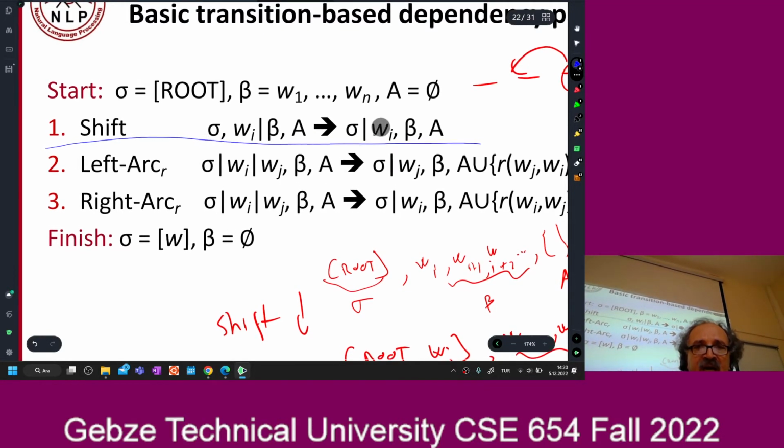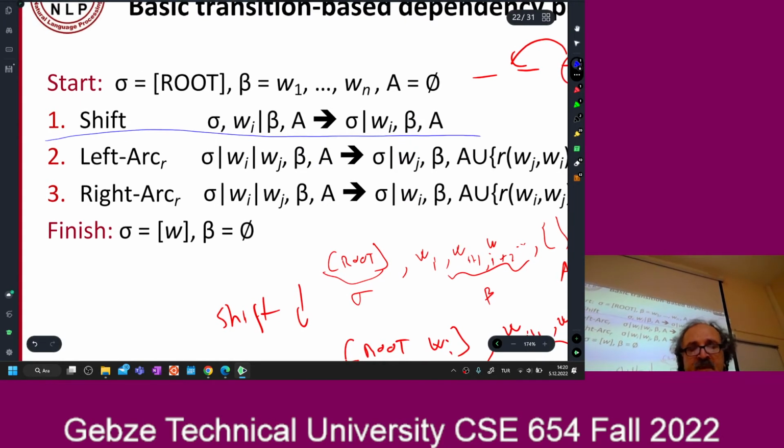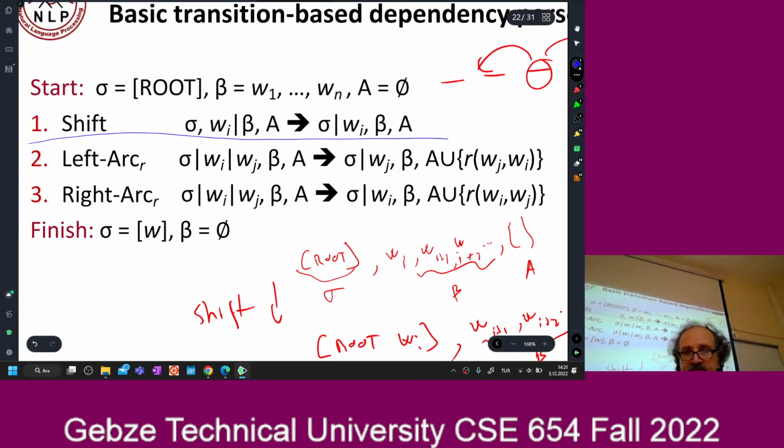You add w_i at the end of the sigma stack, and your beta becomes this. This is shift. This doesn't tell you when to apply shift, or when to apply left arc or right arc. It just tells you how you execute these rules. Okay, let's read this one.